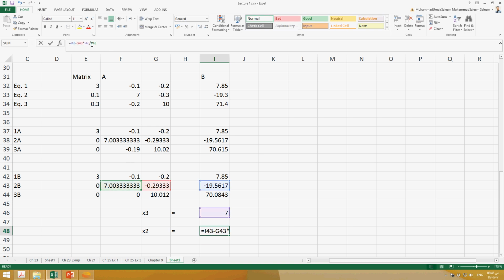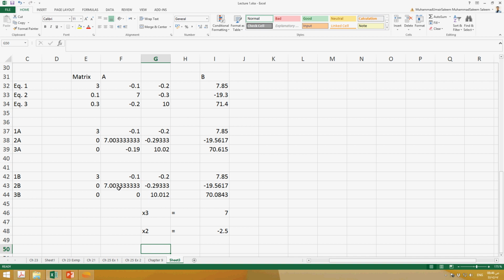Let me check it again, maybe I'm making some mistake here. For example, this cell minus this cell multiplied by this cell, and then the whole divided by 7. Yes, so it is not correct.